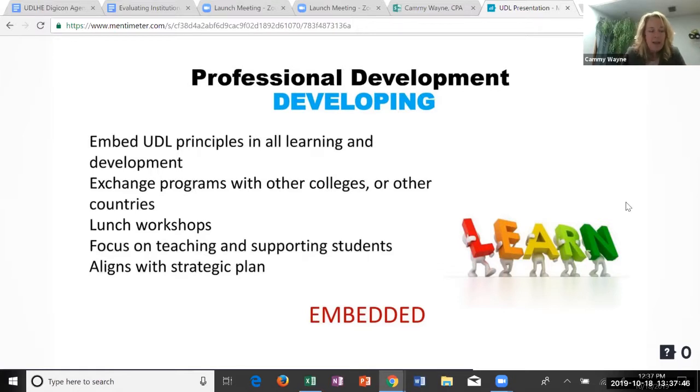So these faculty and staff have to at least be introduced and know a little bit about UDL before they can teach online or in these blended classes. We're also looking to learn from other colleges and see what they're doing, and remind faculty and staff that this focus is trying to help our students.